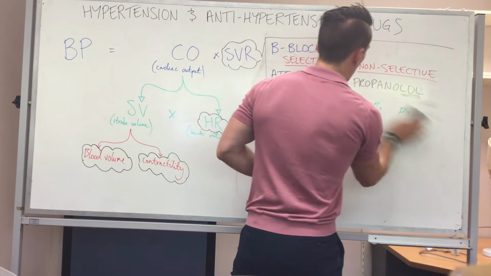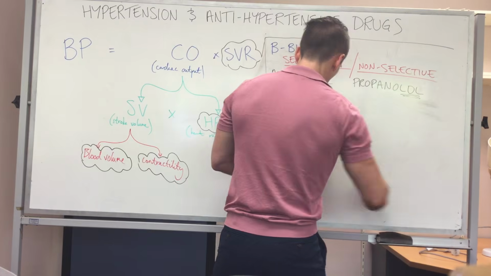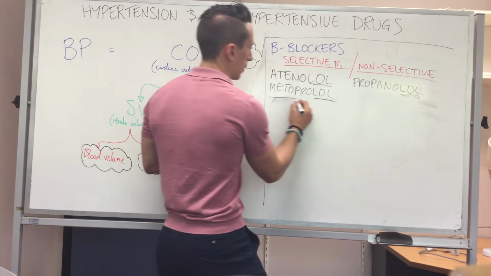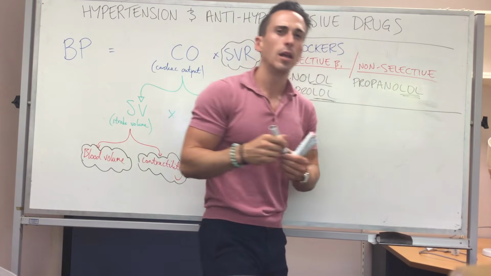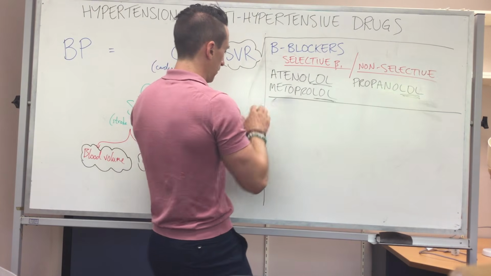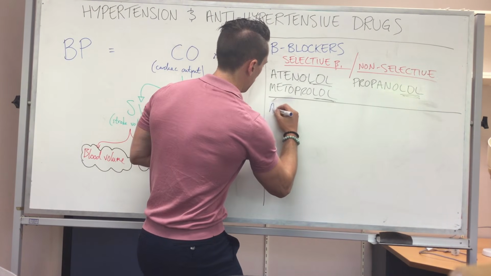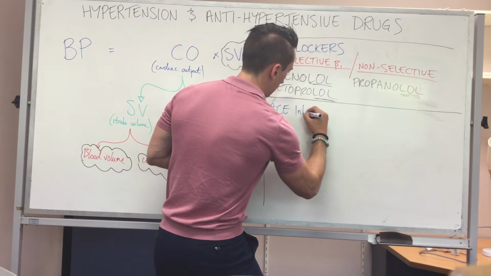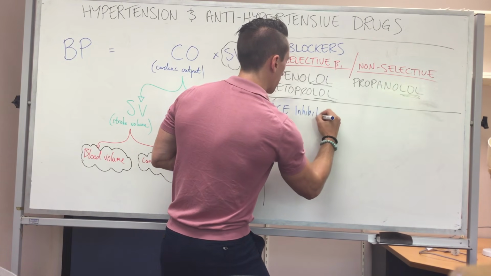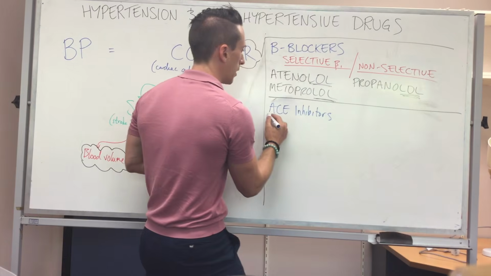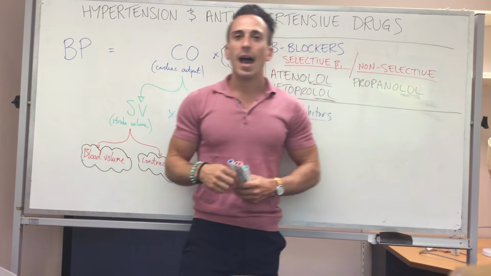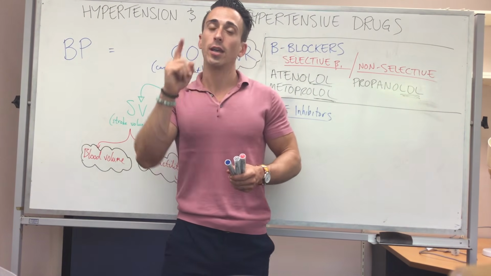Okay, let's move on. So they're the beta blockers. What else can we look at? Let's look at ACE inhibitors. Okay, firstly, what's ACE? ACE is angiotensin converting enzyme.